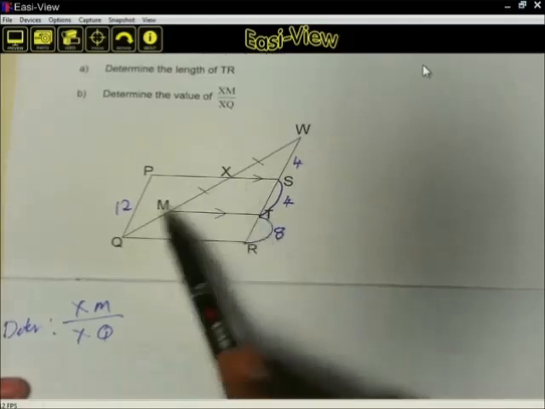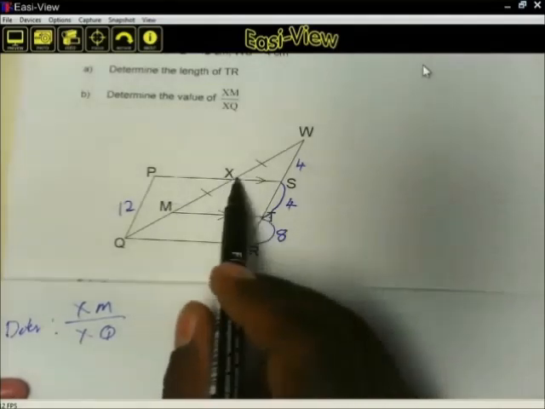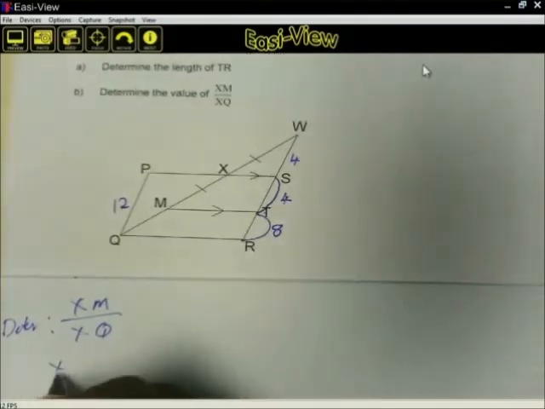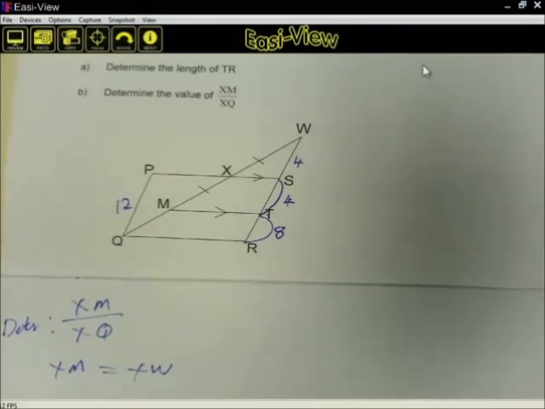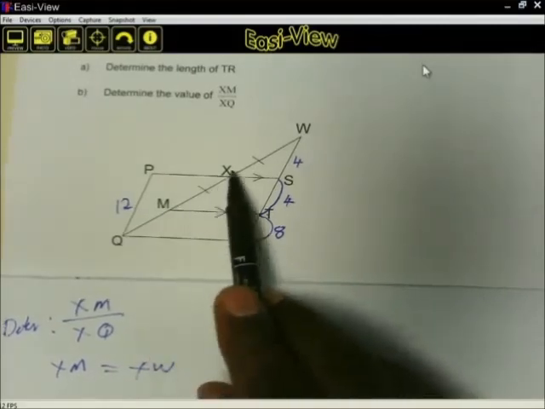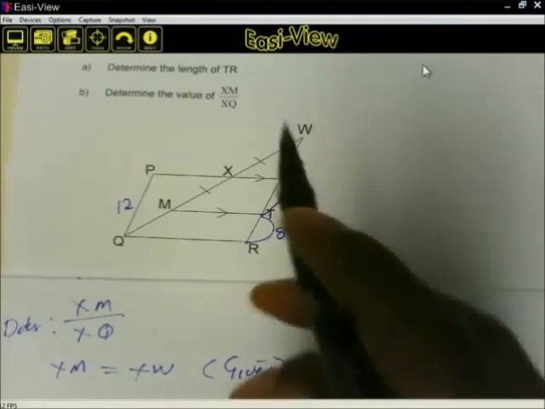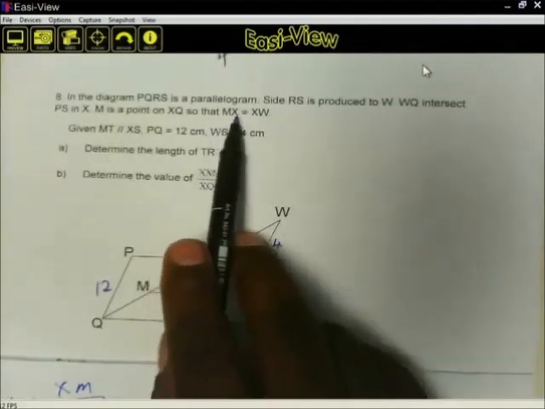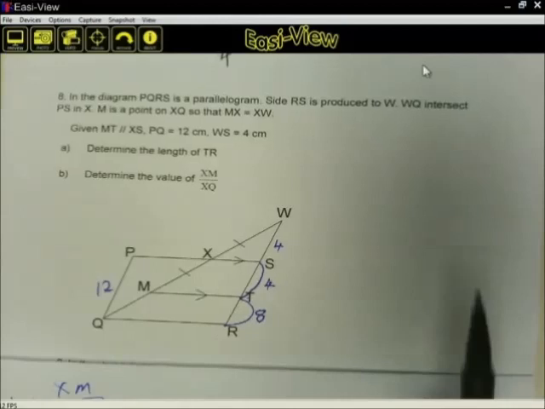I start first by saying XM is equal to XW. It was given, from the diagram earlier on. Remember, MX is equal to XW is given.